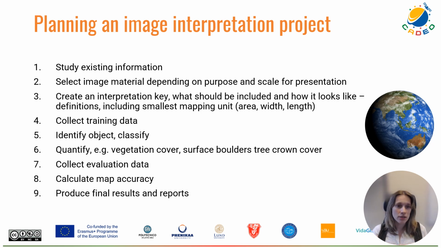Look at the images, look at supporting information, what do we know about the area that we're about to map, and then select the image material depending on the purpose and scale. So if you want to map a large area, maybe you cannot have 1 meter resolution aerial photos. Maybe you need to go with satellite images of 10 meters or even coarser.